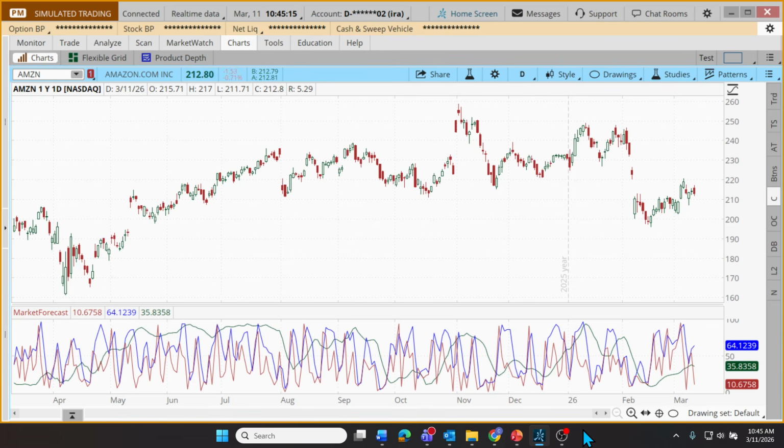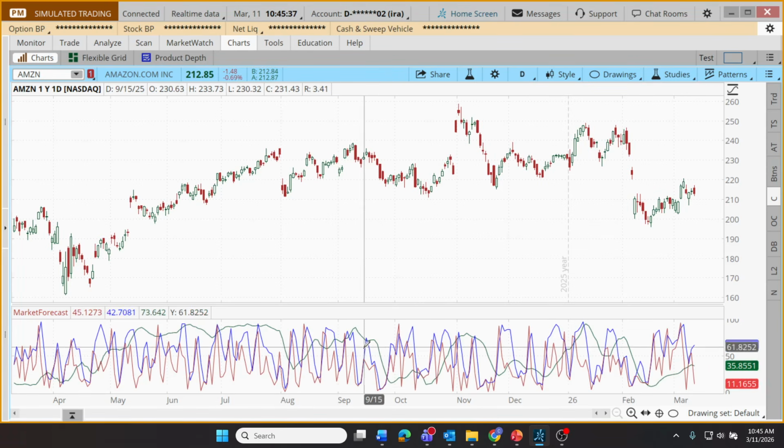Now, an initial exposure to the market forecast tool might be a little bit intimidating. It actually consists of 3 momentum oscillators intended to represent momentum over 3 different time frames. One is very quick. It's actually known as the momentum indicator, and that is the red line here that reverses course very quickly, very short-term shifts in momentum.